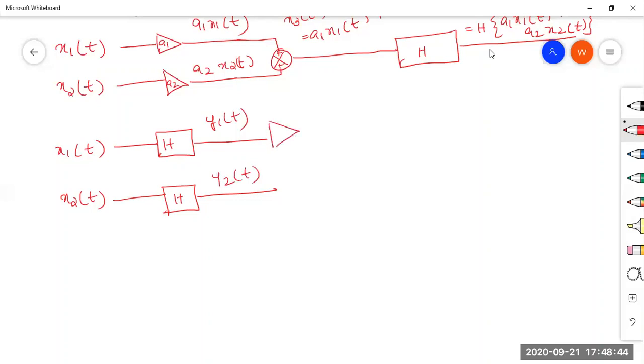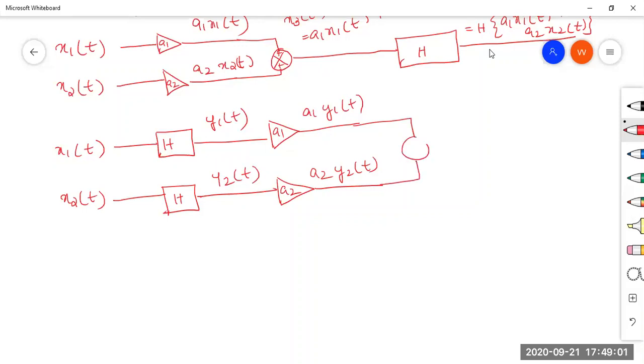Then you multiply with the constant a1. You multiply with the constant a2. Now it will be equal to a1 y1 of t. Here it will be equal to a2 y2 of t. Now you add it together. So now when you add, you're getting a1 y1 of t plus a2 y2 of t. Now I am writing it as y4 of t.